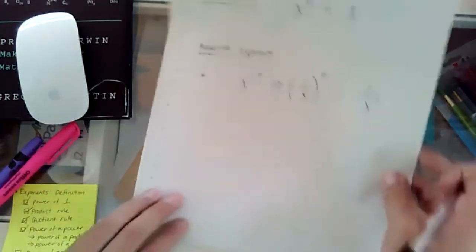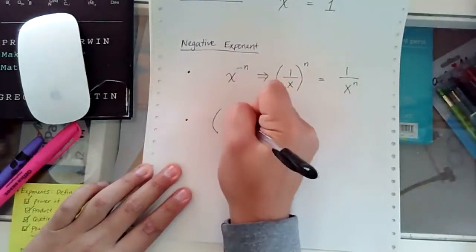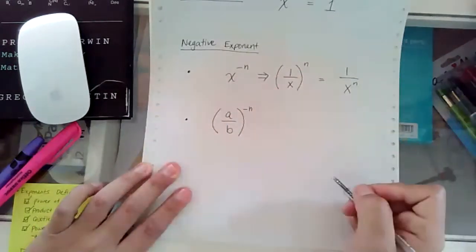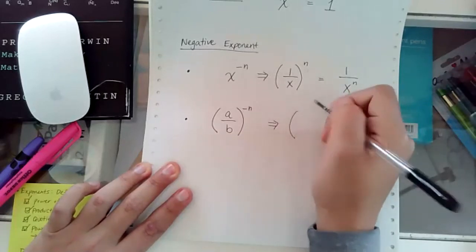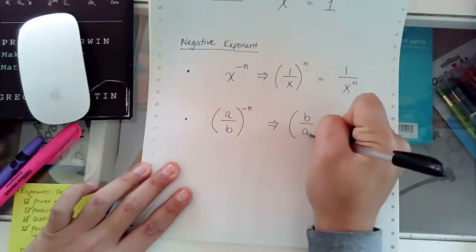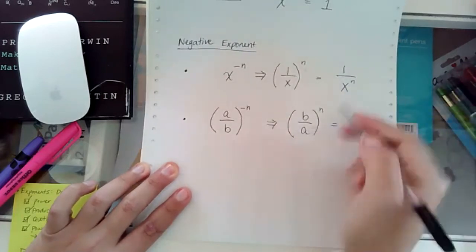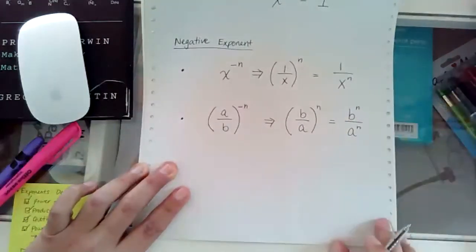But this is easier to see if you just have a fraction. So if you had a over b raised to the negative nth power, then what you get is b over a raised to the nth power. And then you can apply the quotient rule to get b to the n over a to the n.